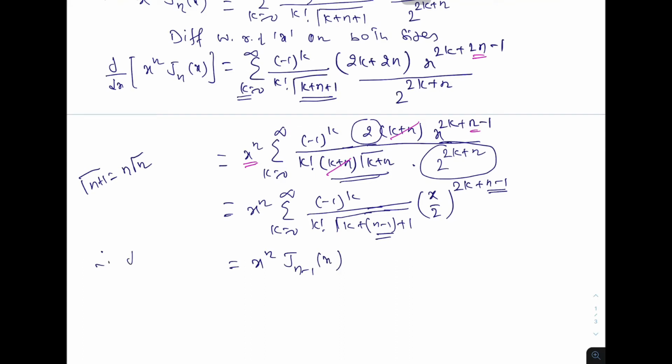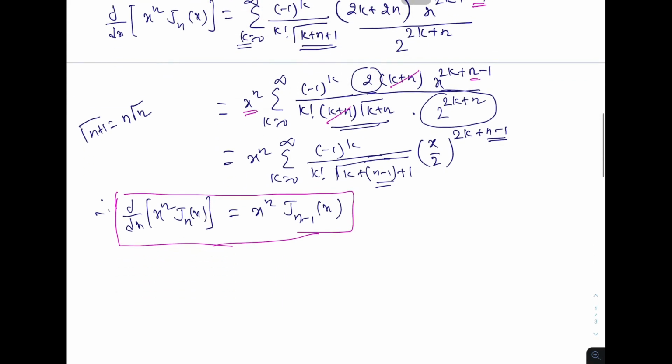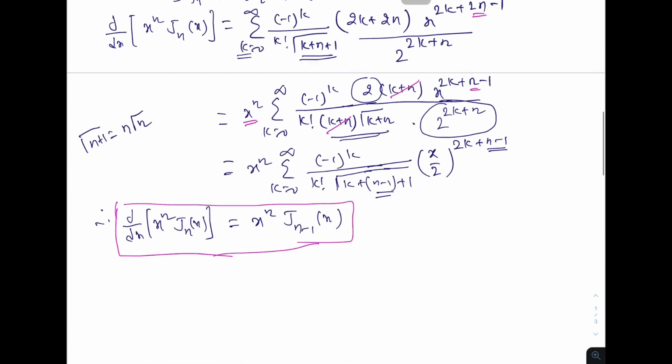So what do we prove? We proved that d by dx of x power n Jnx is equal to x power n J n minus 1 x. So that is one property.